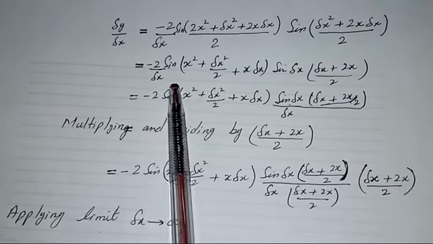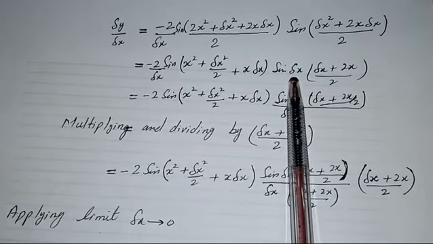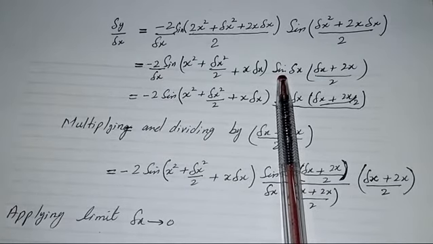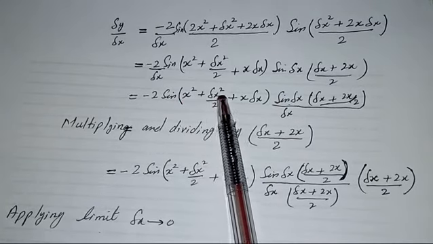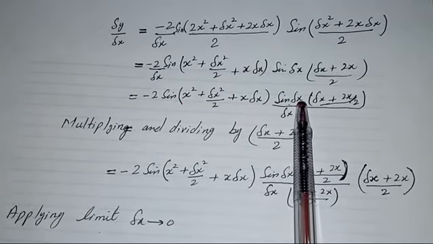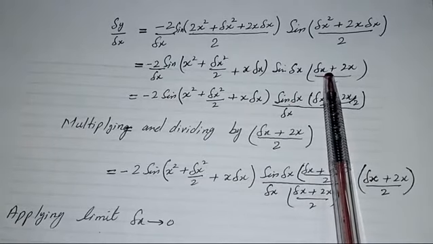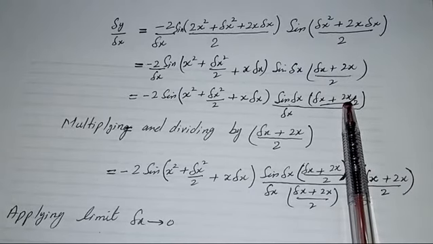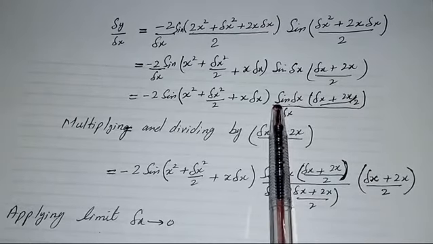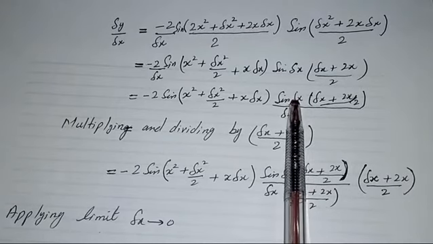Minus 2 sine. Now we will manage this delta x under this one, and we will apply there another rule. So minus 2 sin (x square plus delta x square over 2 plus x delta x) sin delta x over delta x. This delta x is now written here, while this term delta x plus 2x over 2 written as it is. Clear? We have done nothing extra here. We have just handled balance, to manage this question so that we will apply another rule to deal with it easily.